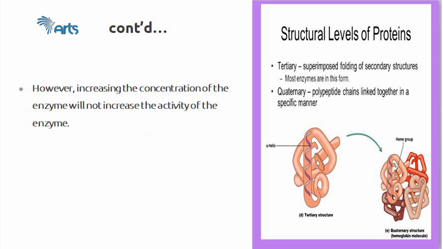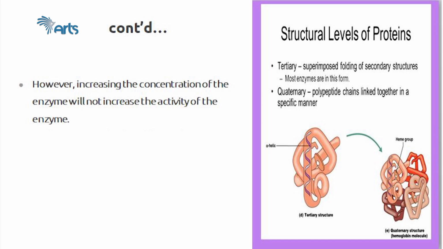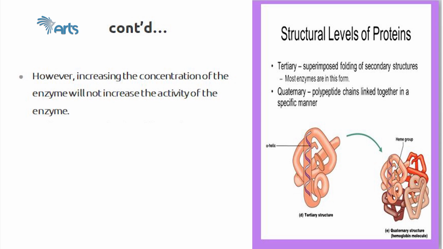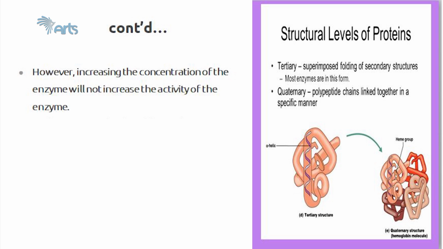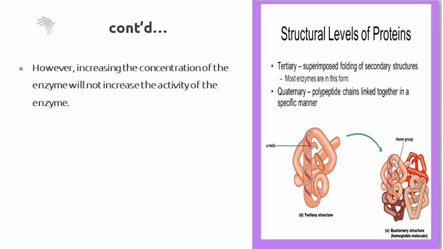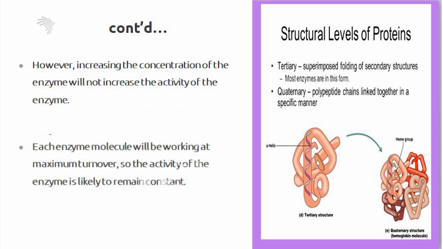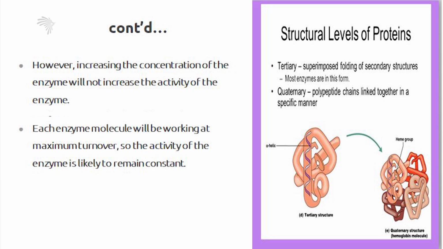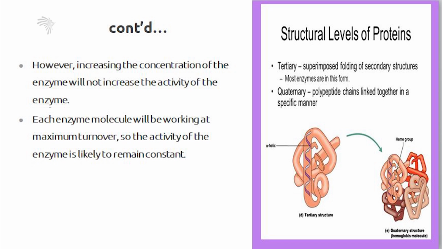That means if excess enzymes are there in a chemical reaction, this will not increase the reaction unless there are sufficient substrate molecules along with this increment. Each enzyme molecule will be working at maximum turnover, so the activity is likely to remain constant.